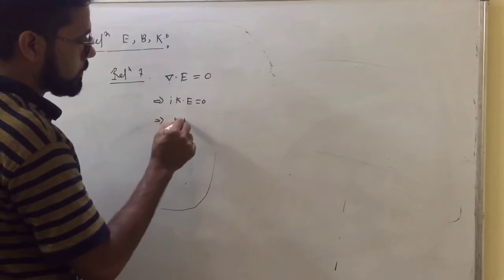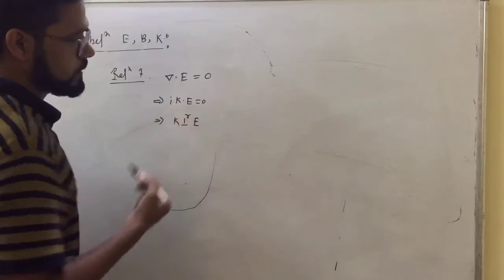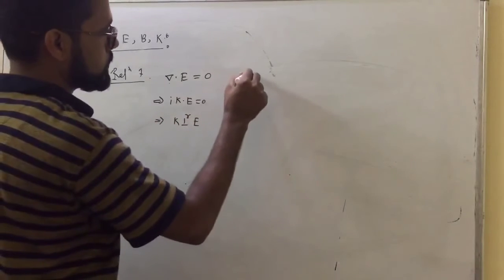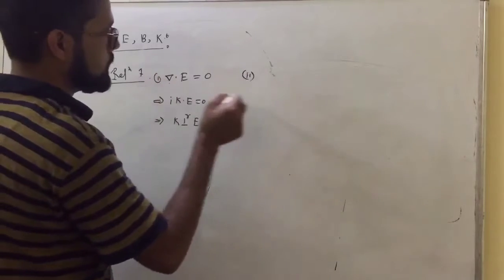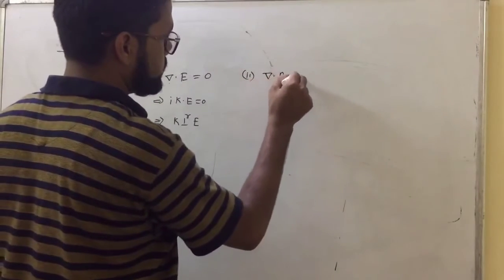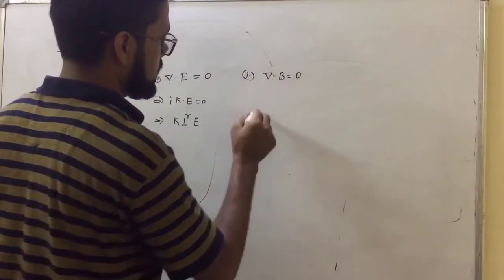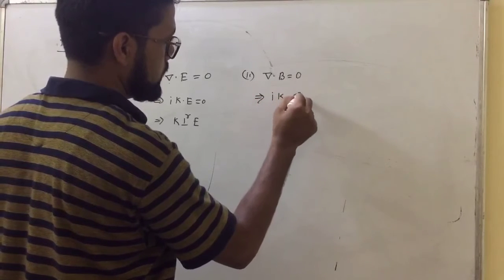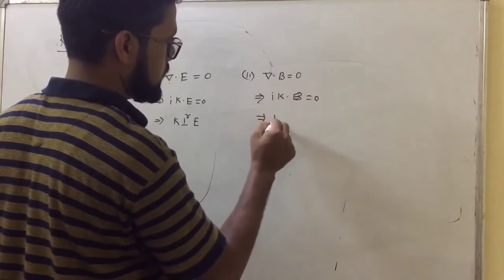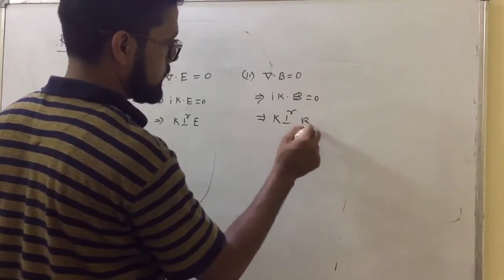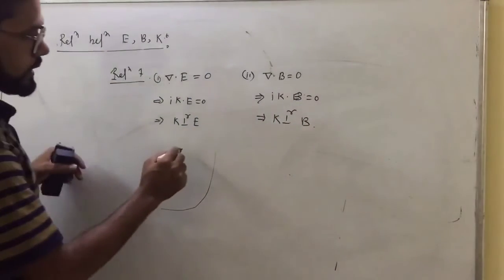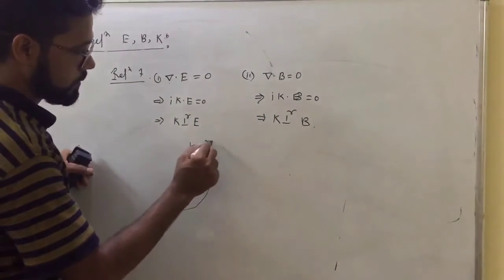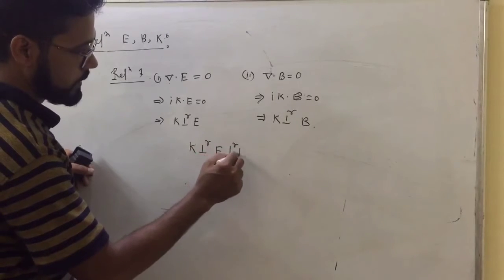That means k is perpendicular to E. Similarly, the second equation, divergence of B equals 0. Then this means i k dot B equals 0. That means k is perpendicular to B. From this we can conclude that k is perpendicular to E and perpendicular to B.